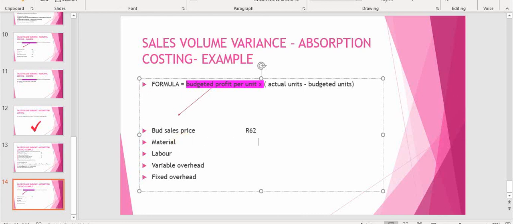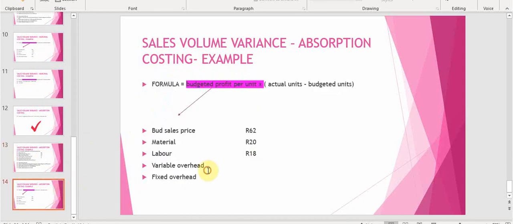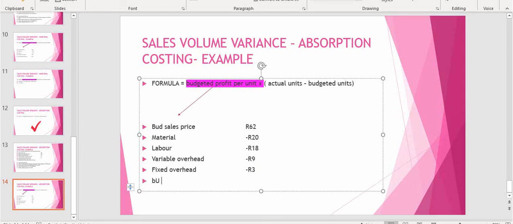So the material was 20 Rand. I'm just typing everything out so that you can follow my explanation. The labor was 18. The variable overhead was 9 Rand and the fixed was 3 Rand. If I now minus, of course, the material, I minus the labor, I minus the variable overhead, I minus the fixed overhead, I get my budgeted profit.